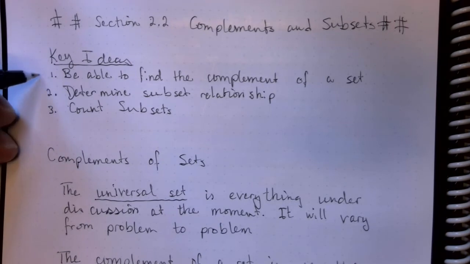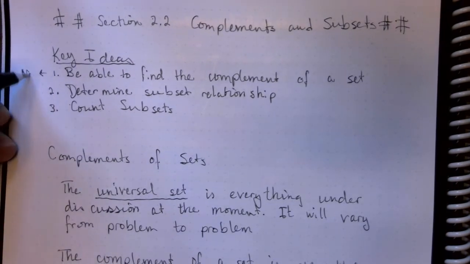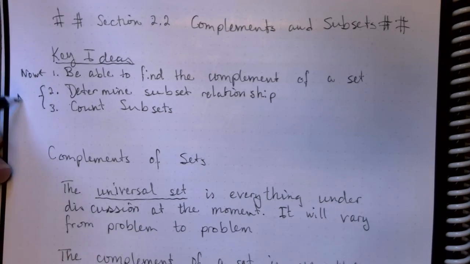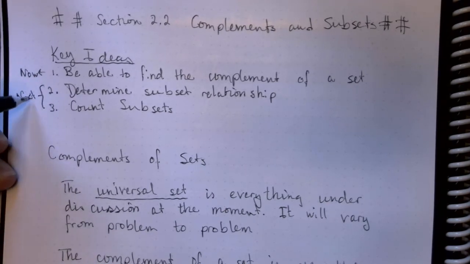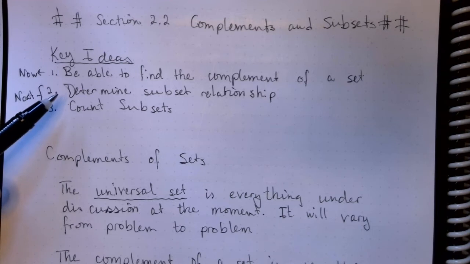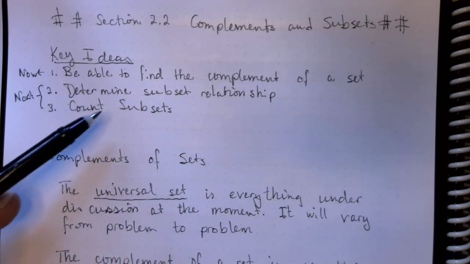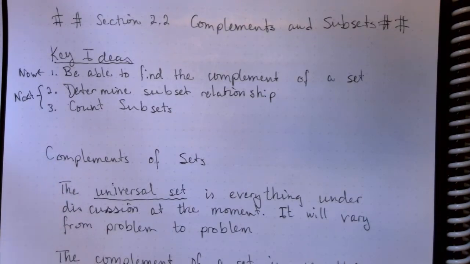This is the one that we'll do right now, and these two outcomes will be in the next video. We'll talk about how to determine whether one set is a subset of another and how to count subsets of a given set. So in this video we're going to focus on complements.